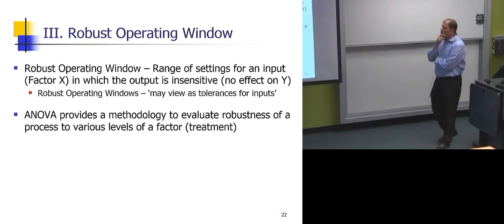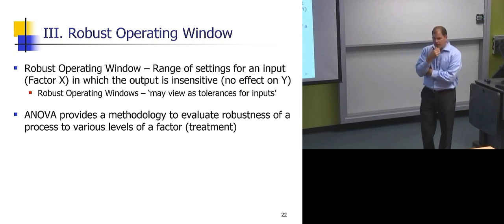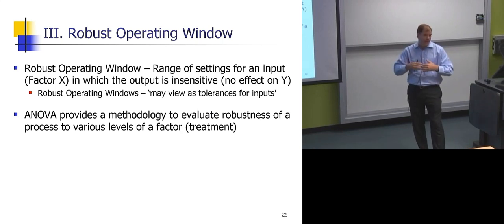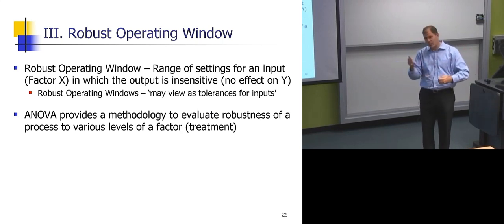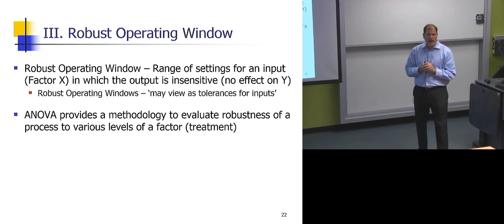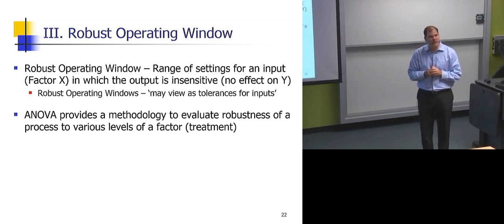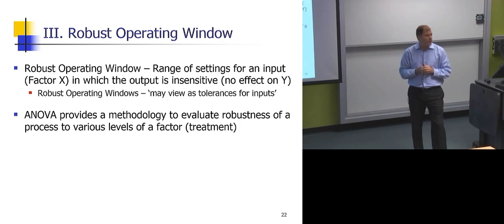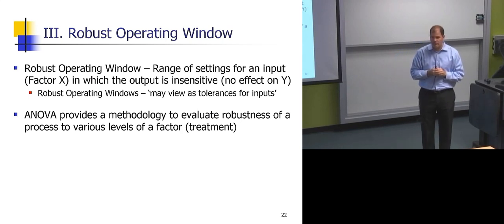There are different applications of ANOVA. Sometimes we do ANOVA because we have different groups and we want to try to understand who's doing better or who's doing worse. Certainly is reasonable. Other times we want to use ANOVA to basically show that our process is robust to a variable. As an example, you could have a process where you have 5 different operators.